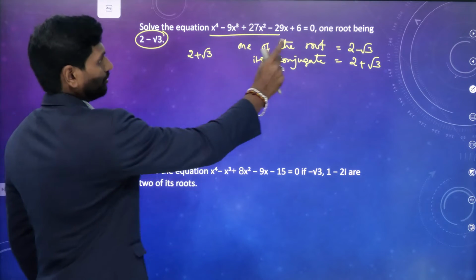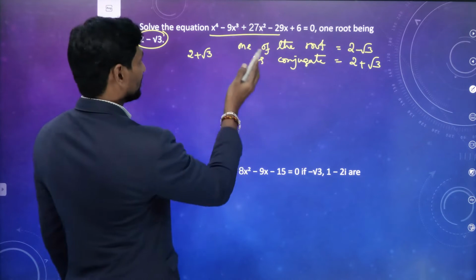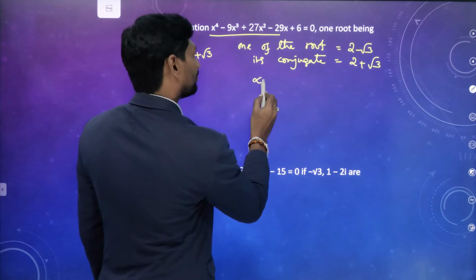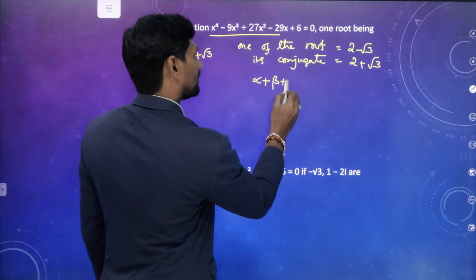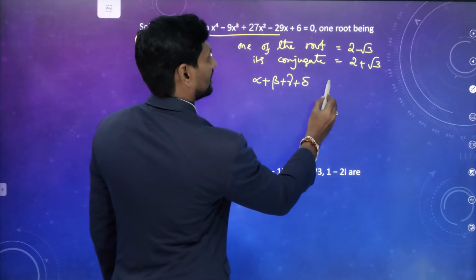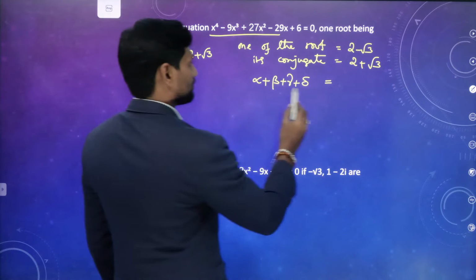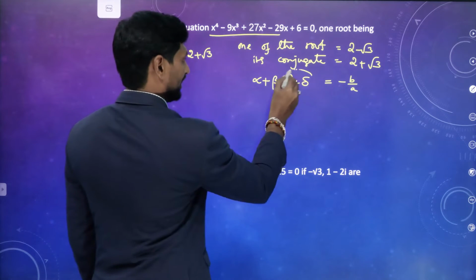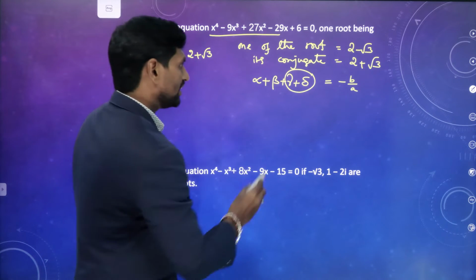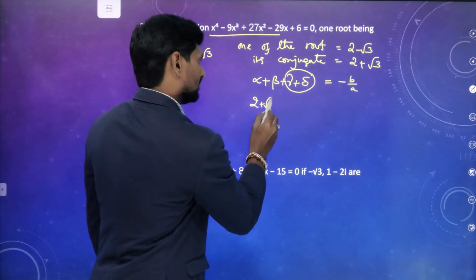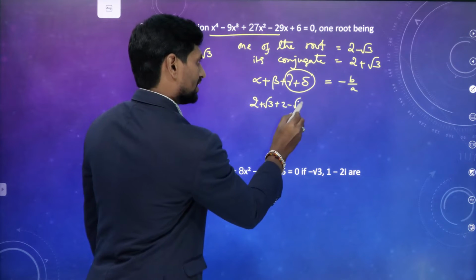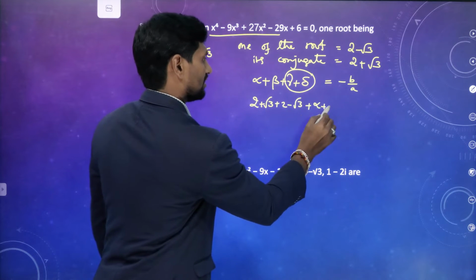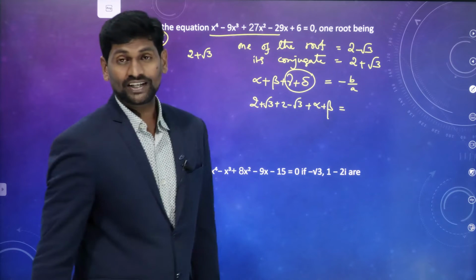Right. So 2 minus root 3, 2 plus root 3. I am taking the sum of roots. What is the sum of roots formula? Alpha plus beta plus gamma plus delta equals minus b by a. Taking these two roots, 2 plus root 3 plus 2 minus root 3 plus alpha plus beta equals minus b by a.